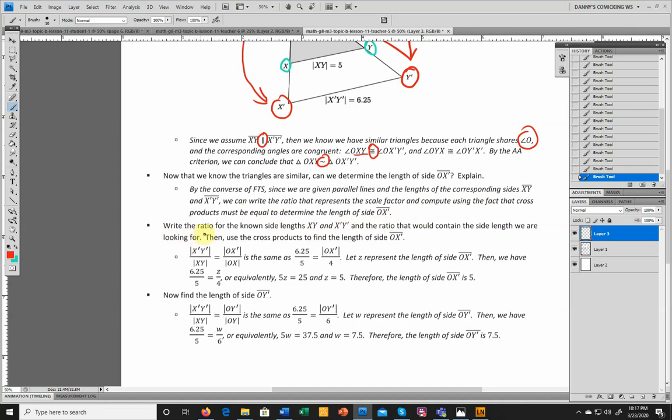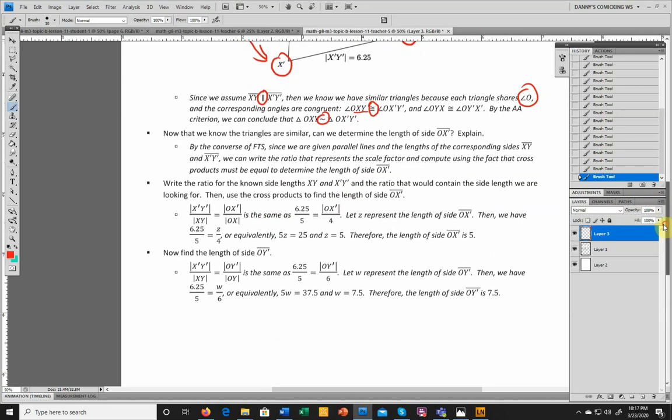Write the ratio for the known side lengths XY and X prime Y prime, and the ratio that contains the side lengths we are looking for. Then we use the cross products to find the length of OX prime.